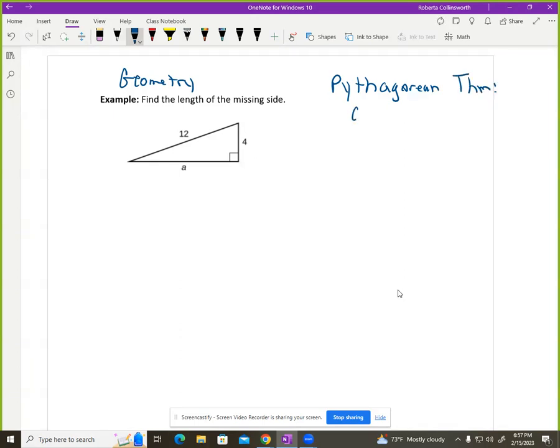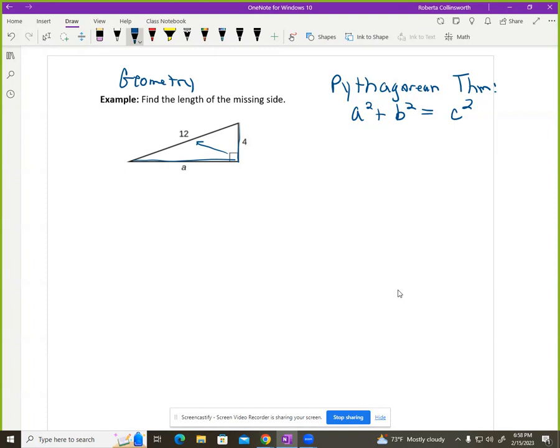The Pythagorean theorem says that the sum of the squares of the 2 legs, the legs are the parts attached to the right angle, is going to equal the square of the hypotenuse. The hypotenuse is the one opposite the right angle. This only works with right triangles.